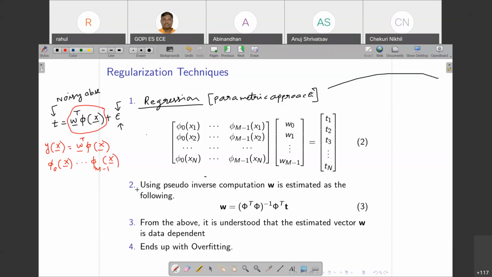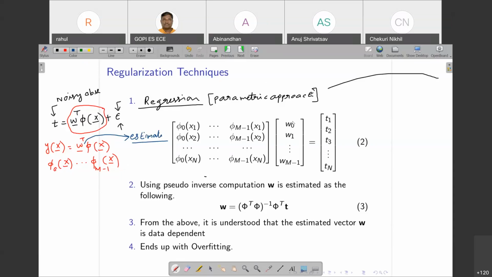The other basis functions we use are polynomial basis functions, Gaussian, and sigmoidal as well. So what is not known to us is actually W. This is what you are going to estimate. If I know this, then you are through.